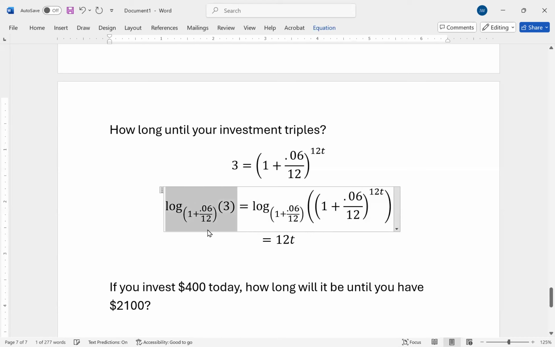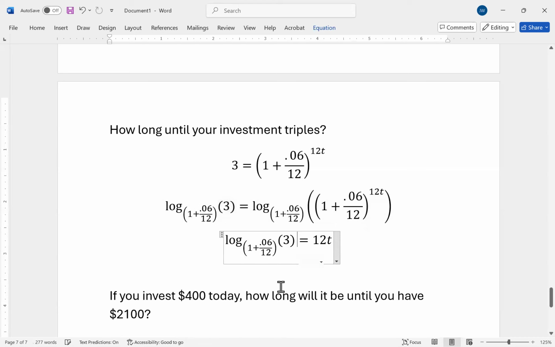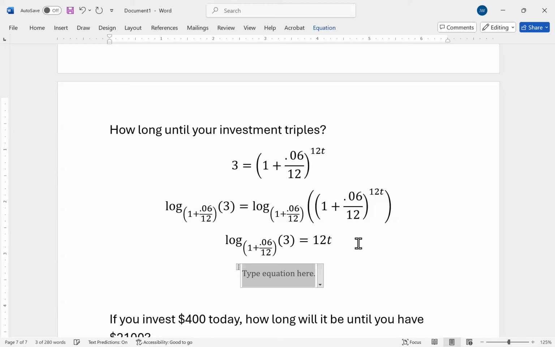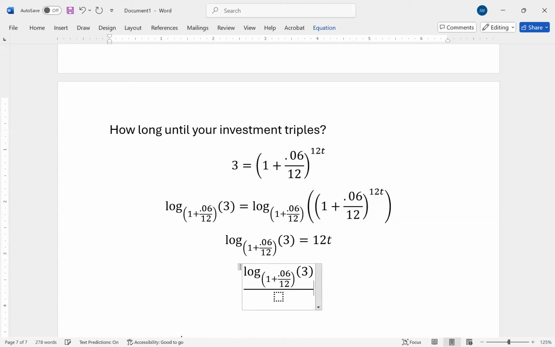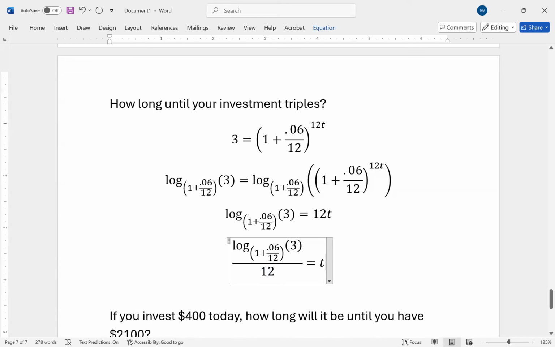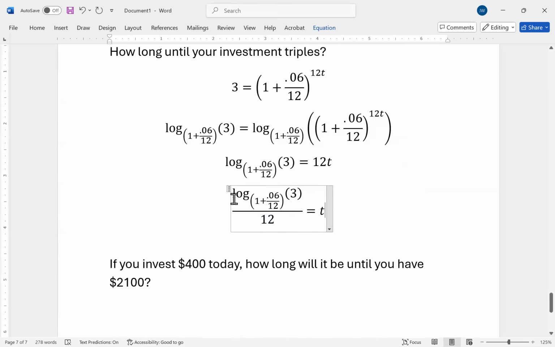Now the left-hand side is this. Log base (1 plus 0.06 over 12) of 3 is equal to 12t. And then I would just divide by 12. So I'd take that, divide that whole thing by 12, and that gives me t. If I have the ability on my calculator to calculate this, then we can do that.